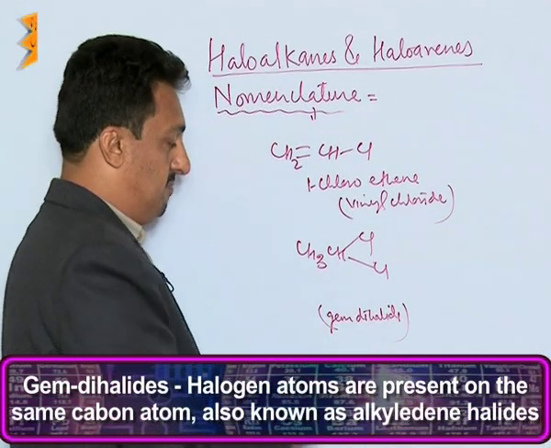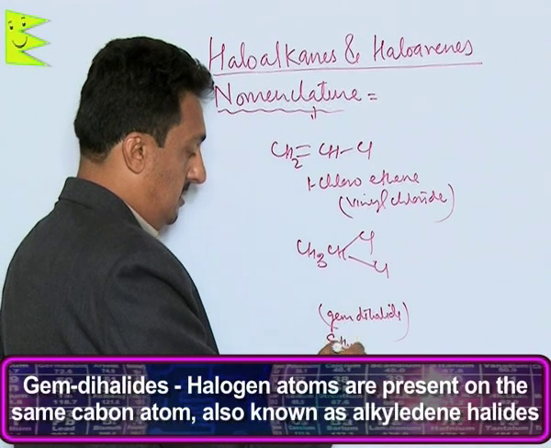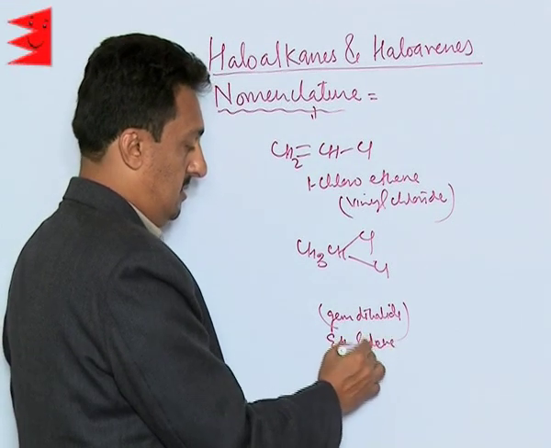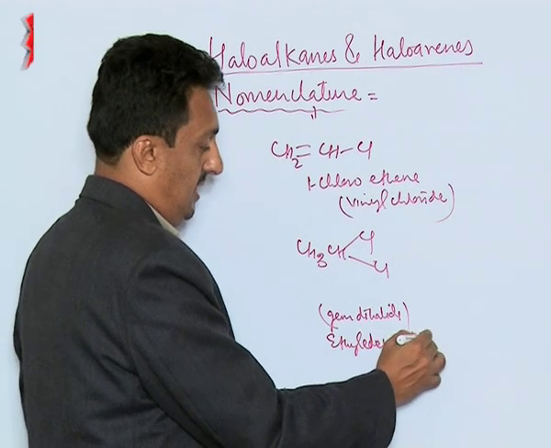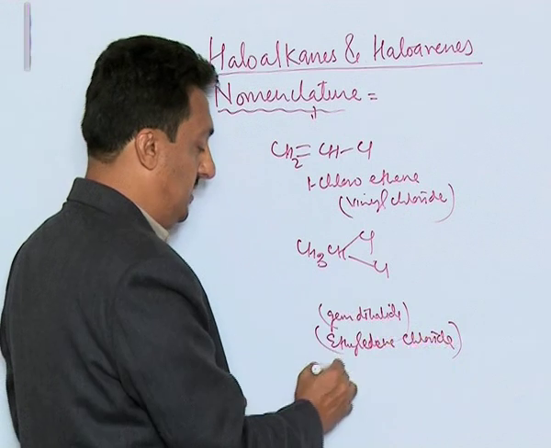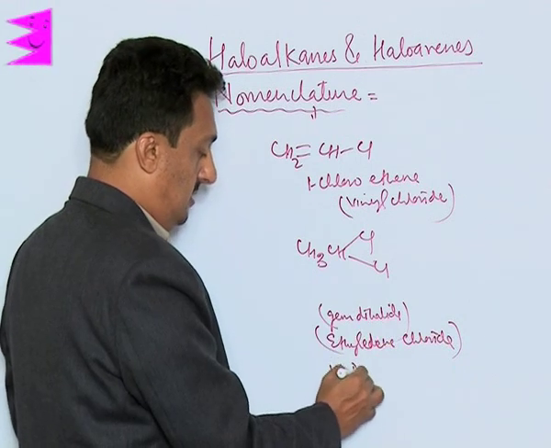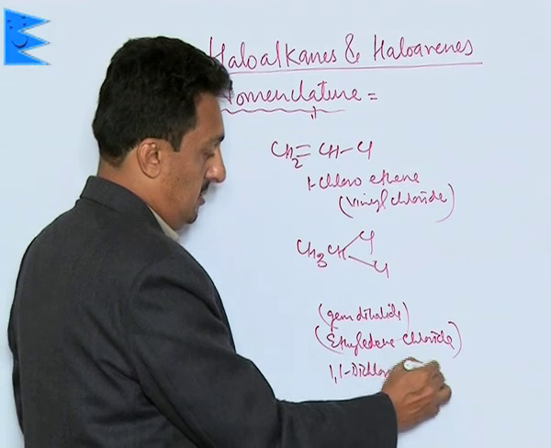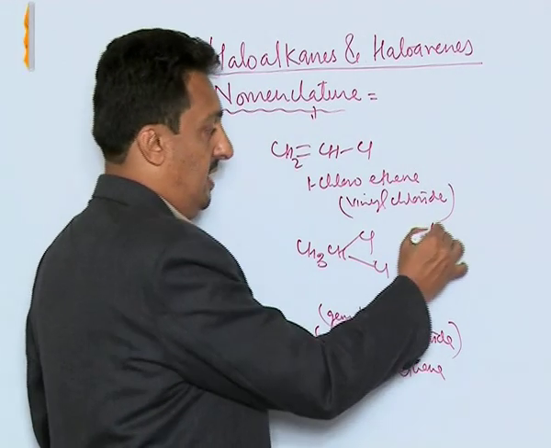The name of this compound will be ethylidene chloride, whereas the IUPAC name of this will be 1,1-dichloroethane.